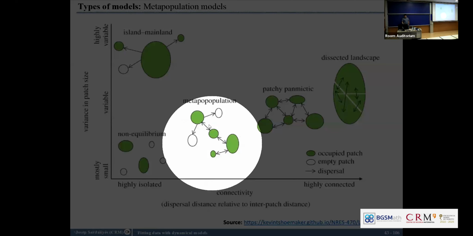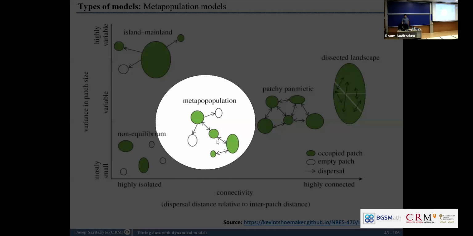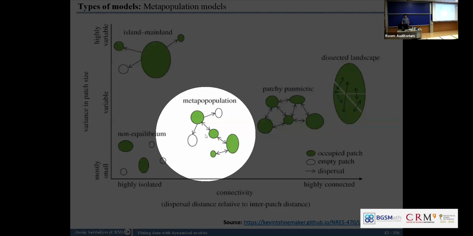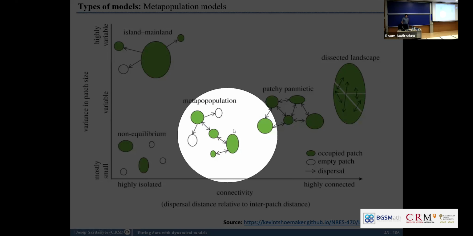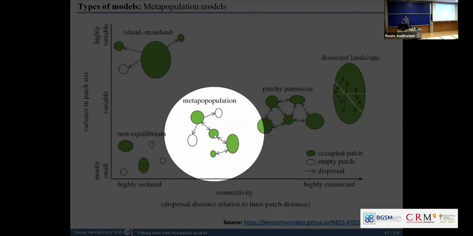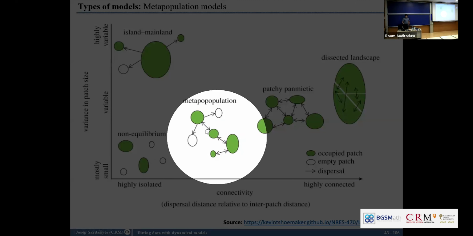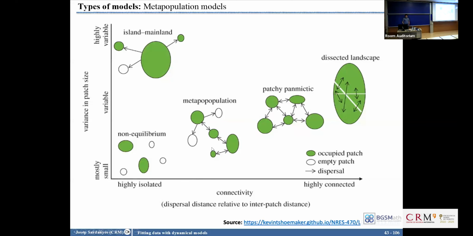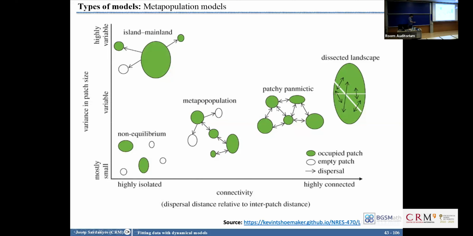As we increase connectivity, we have the typical metapopulation in which some patches are connected with others, but some are not connected, so we do not have full connection. Here the green patches are the occupied patches, the white ones are empty, and these are the dispersal directions. And then we have the panmictic, which means that all patches are connected between them.